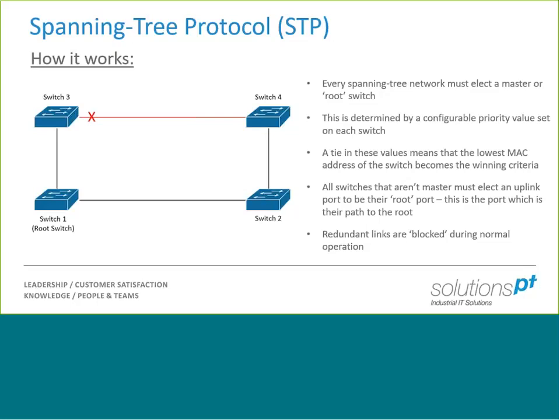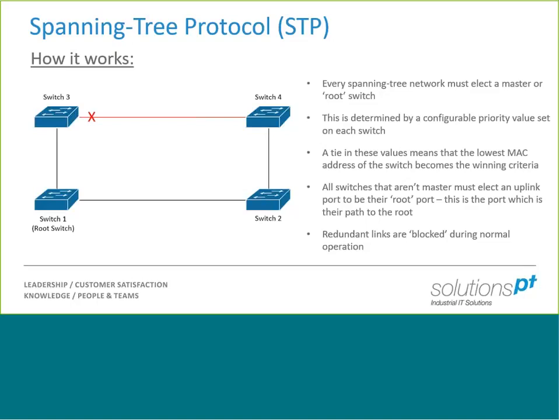Now, in this topology, we've got a nice simple ring here, and because of that, we only need to block a single port on here. And you can see that with the top link there between switch 4 and switch 3, that's where we've got our blocked link.